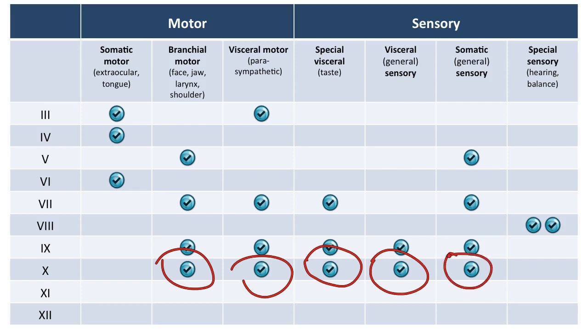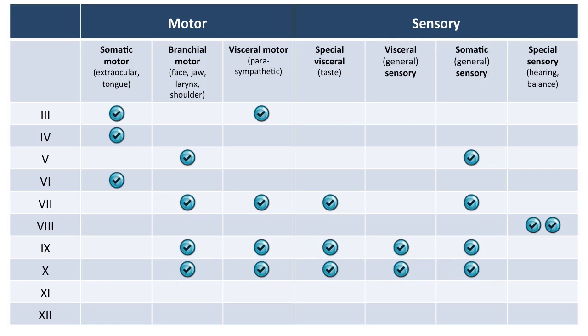And lastly, like nerves 7 and 9, there's some innervation to a patch of skin around the external auditory meatus. So I want you to notice that nerves 7, 9, and 10 are all very complicated nerves. They're mixed nerves. They're mixed with multiple subcomponents for motor control and sensory processing. But they are complicated in very similar ways. So hopefully that will help you in your understanding of these nerves.